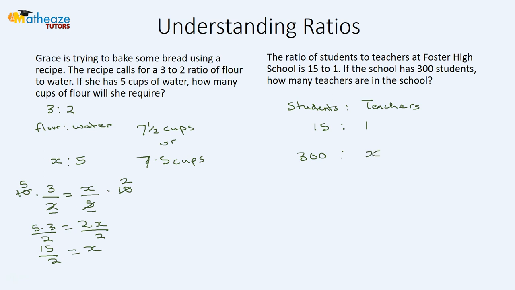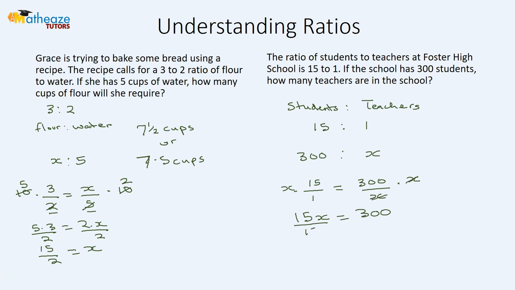So let's write our ratio as a fraction. 15 over 1 is equal to 300 over x. I'm going to multiply both sides by x to get rid of it from the denominator. So 15x is equal to 300.